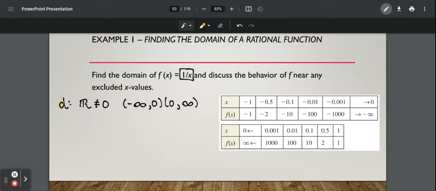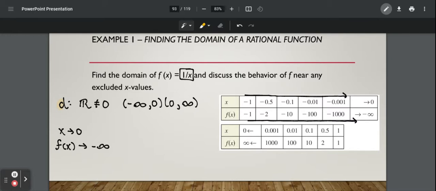And so if we look at the table, as our x value comes in from the left, these negative numbers, and we get closer and closer to 0, you'll notice our y values go towards negative infinity. So we would say that as x approaches 0, our function f of x approaches negative infinity.